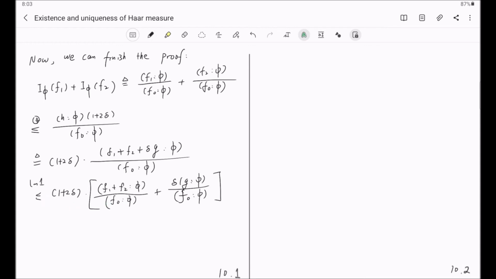This is the so-called sub-additivity for the Haar covering numbers with respect to functions. And this will be, by definition, again equal to Sv of f1 plus f2 plus delta times Sv of g.